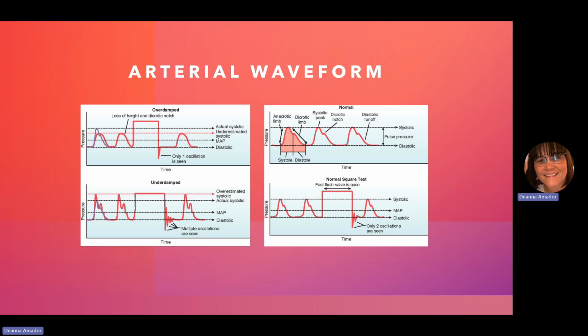That could be indicative that maybe there's a clot in the catheter or there's an air bubble in the tubing. If you have this overdampened waveform, you're not going to have an accurate blood pressure. So that's why it's very important. Maybe you don't have enough pressure on your pressure bag. That could cause this overdampened look here.